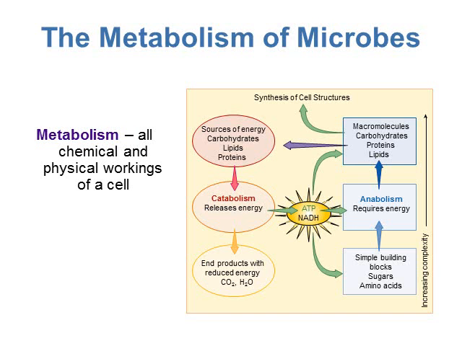So metabolism is just all the chemical reactions and physical reactions or workings inside of a cell. And if you look on the diagram on the right, if we start at the very top on the left, so sources of energy, organisms get energy from carbohydrates, lipids, or protein.